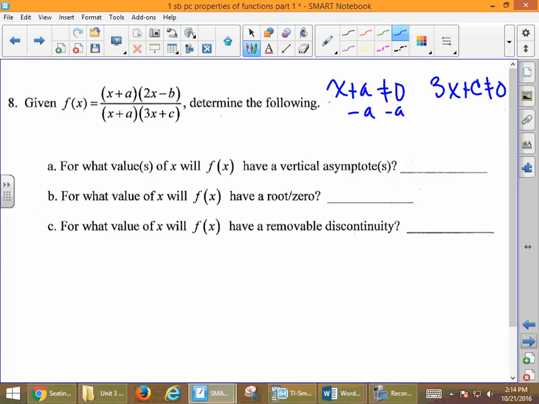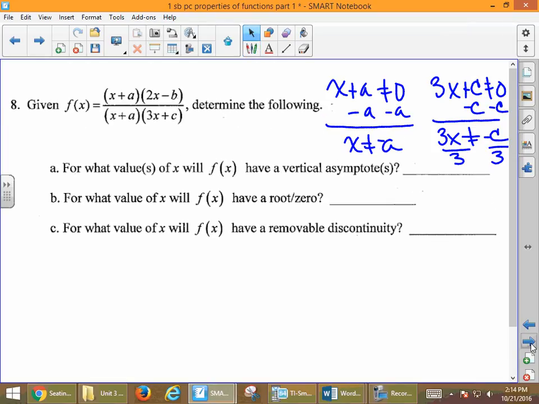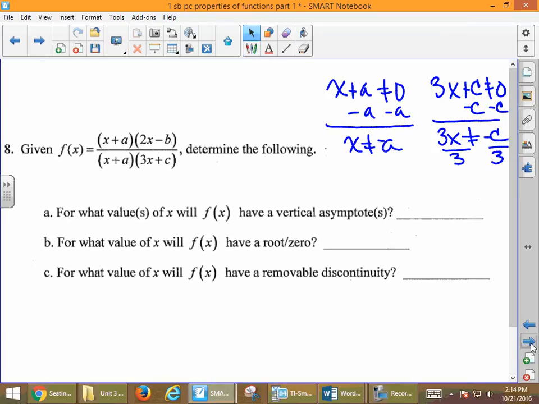But subtract a, so we get x doesn't equal negative a. And we also get, here when we subtract c, 3x doesn't equal negative c. And then we divide both sides by 3. So I think I can split that up. I can't. But if I scoot it down a little bit, that'll be helpful.